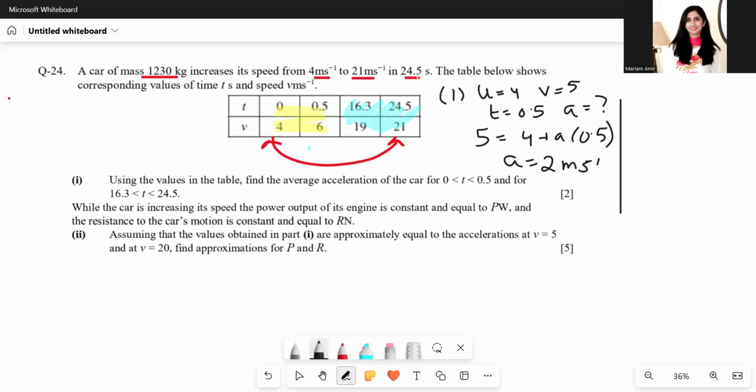v is equals to u plus at. u is 19, v is 21. Time is the difference, 24.5 minus 16.3, which is 8.2.